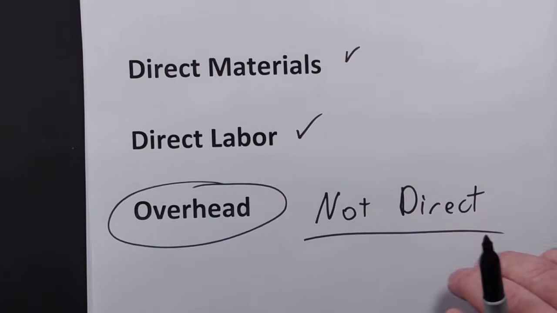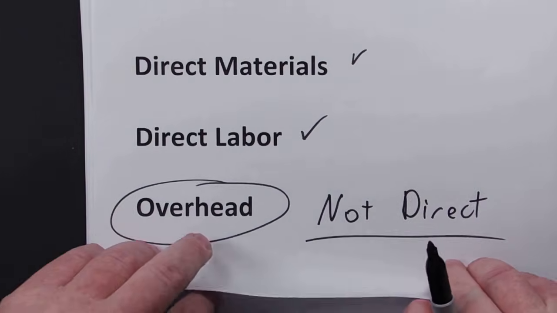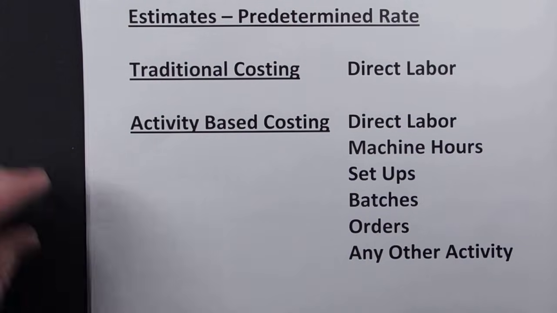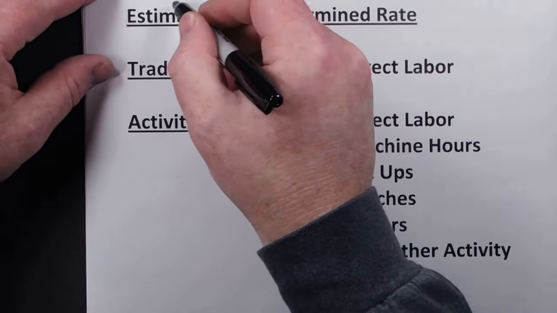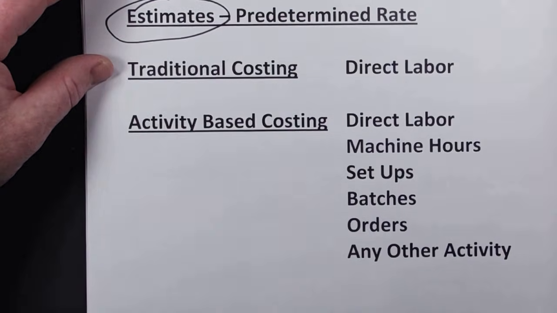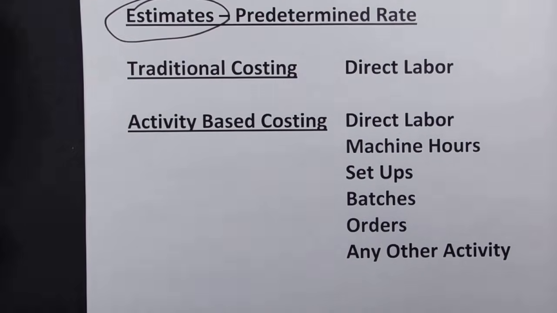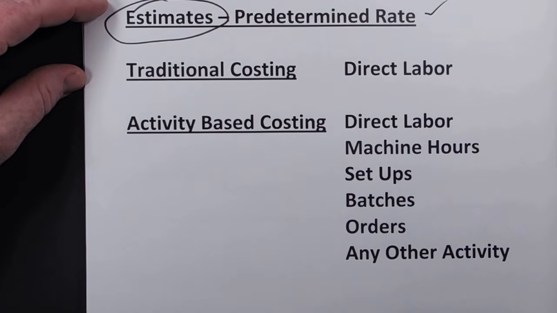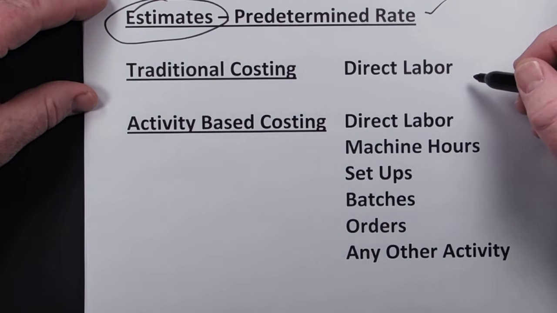Because they're not direct, we have to come up with a different way of assigning the costs. One of the things we like to use are estimates. We use the estimate of our overhead, usually at the beginning of the year, to figure out a predetermined rate. In other words, how much are we going to actually apply to our production based on our estimate.